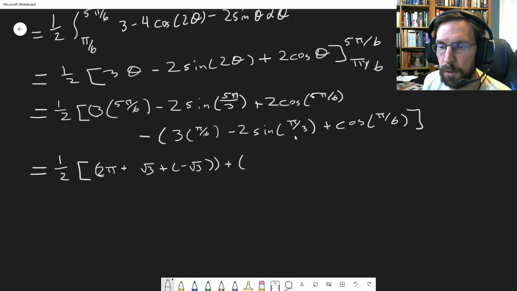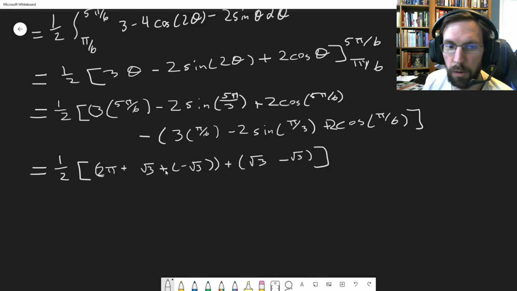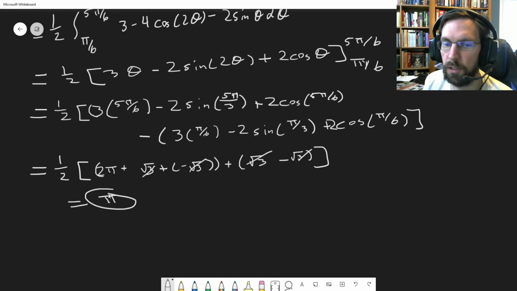Sine pi over 3 should be root 3 over 2 times 2 should be root 3, plus becomes minus root 3. And there's a 2 there. Okay, so simplifying this out a little bit, root 3 cancels with negative root 3, root 3 cancels with negative root 3. That looks very simple, and the area enclosed is actually just going to be pi.